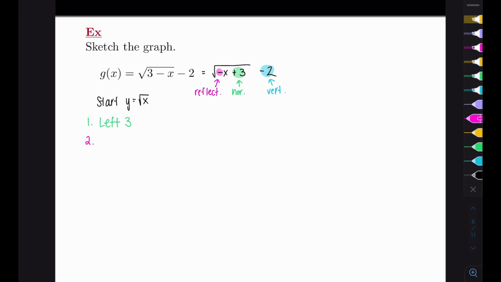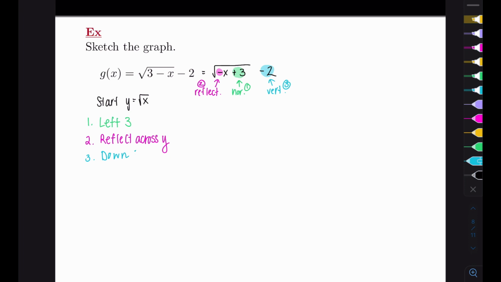I have a minus sign attached to x, so that means we're going to flip or reflect across the y. Okay, so this is our second step, and this is our first. And then our third step is that minus 2, so we shift it down 2.